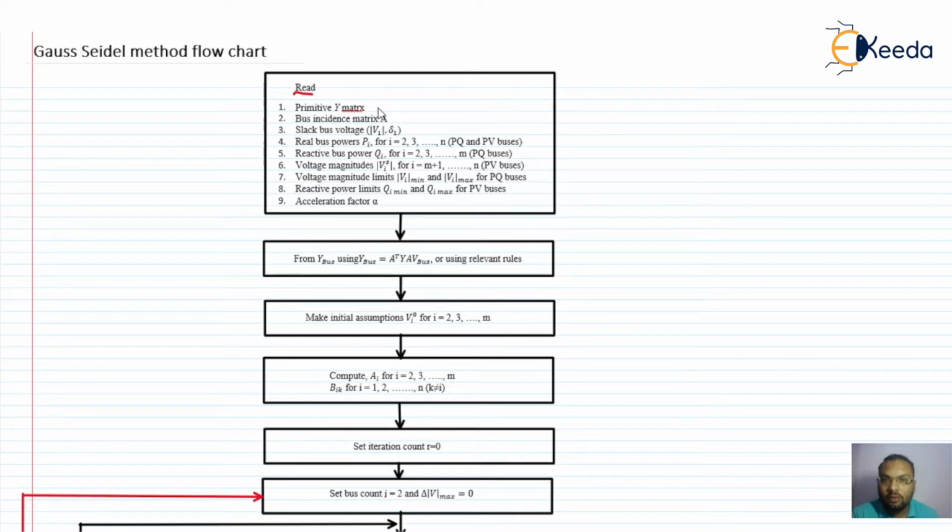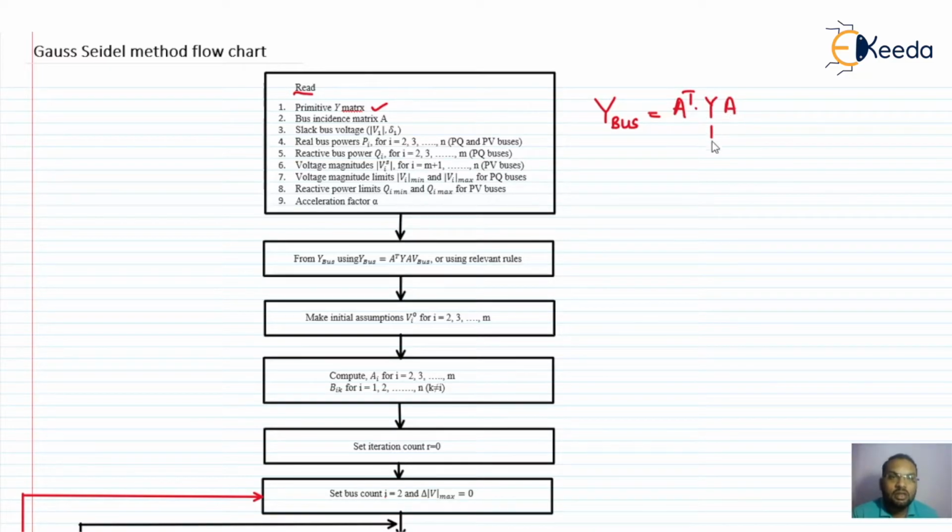First, you read the primitive Y matrix. This primitive Y matrix is nothing but that matrix. Do you remember this formula that we have seen while discussing the formation of the Y bus using the singular transformation method? There we had used this formula.